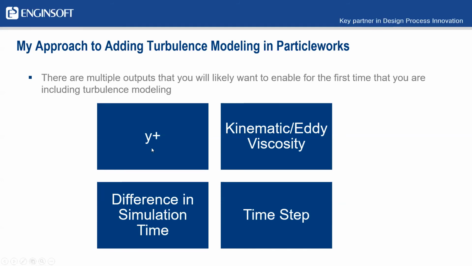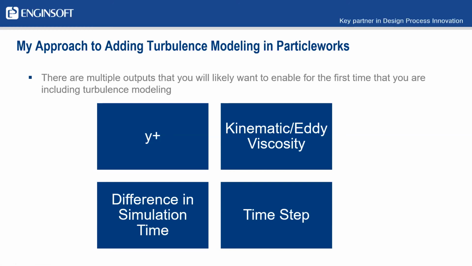In addition to that, there are two additional things that you'll want to pay attention to. First is the difference in simulation time. You're going to notice an increase in the simulation time, and you'll want to keep track of how much that simulation time is increasing. Another thing you'll want to keep track of is the time step. There is a calculation in Particleworks in which, if the viscosity raises too much, which can happen because of the eddy viscosity, then it will drop the time step as a result.